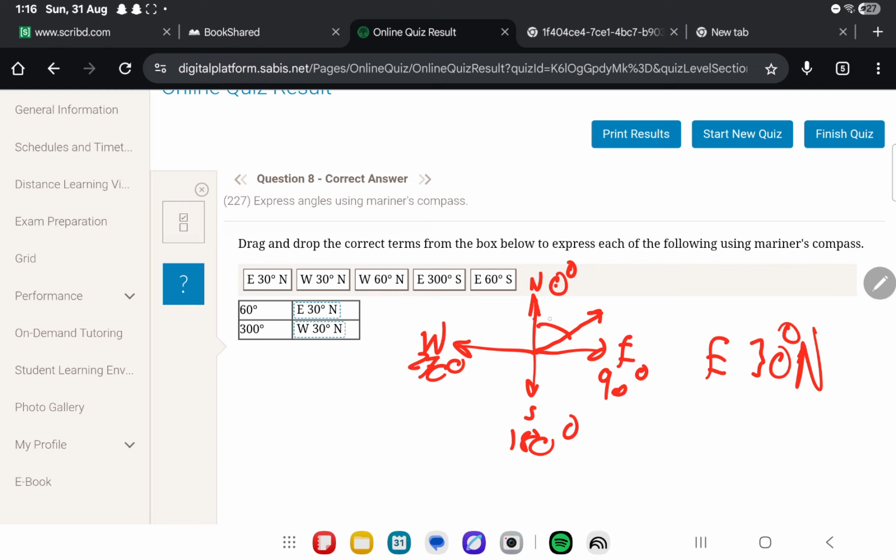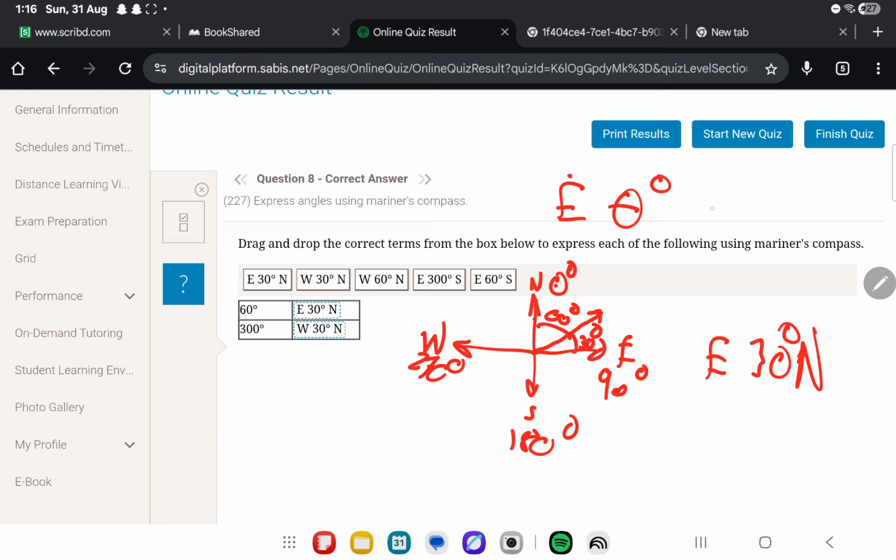So this would make it 60 degrees from the north, which means 30 degrees from the east. Basically, in Mariner's compass, you go with the direction you start with. So let's say in this case it's east. Then you go by a certain angle theta, where theta is in degrees, in a certain direction.